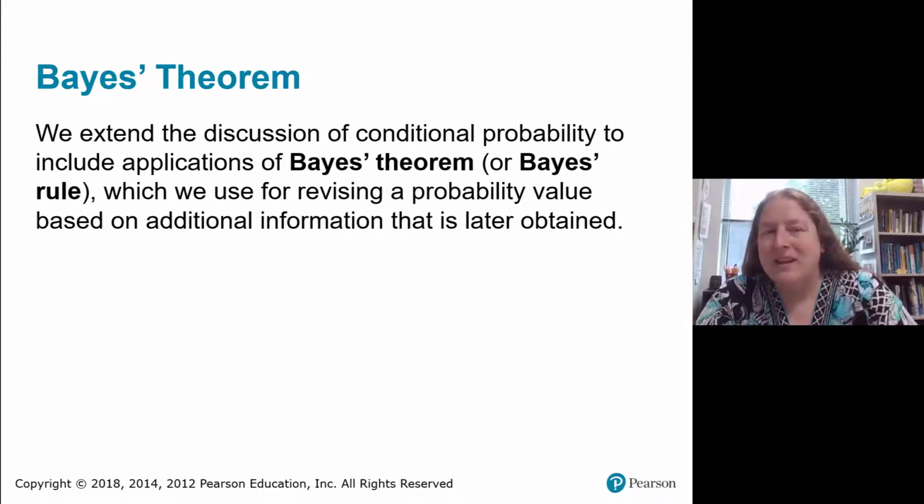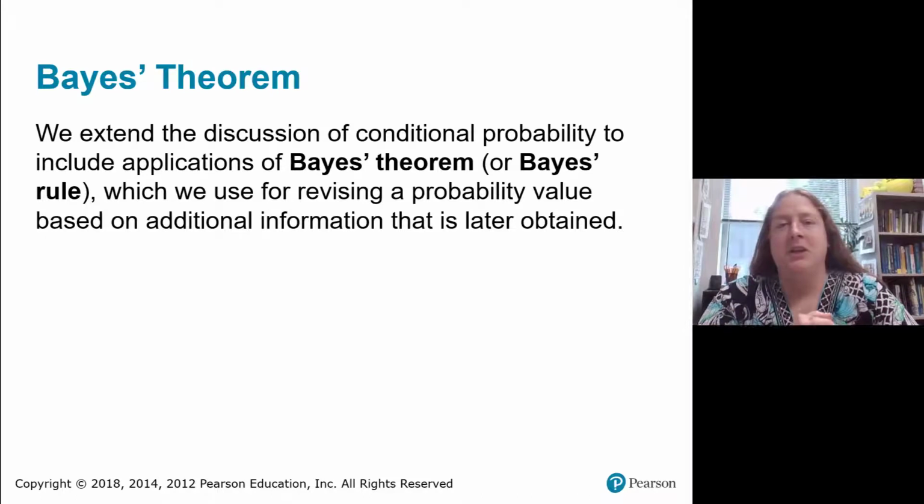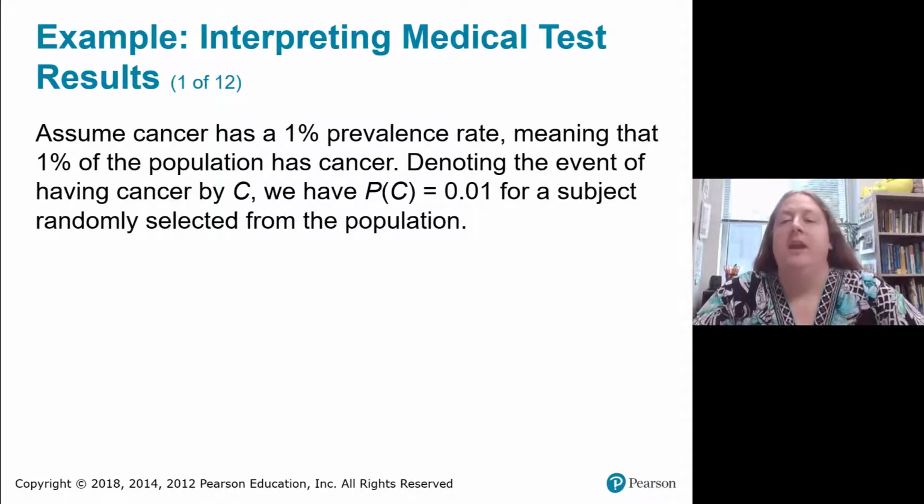So this is Bayes' theorem, very hand-wavy, all right? If you're looking to know more about Bayes' theorem, you're going to have to look beyond this course for that. But we're going to look at an example of how we might be able to extend our knowledge a little bit.